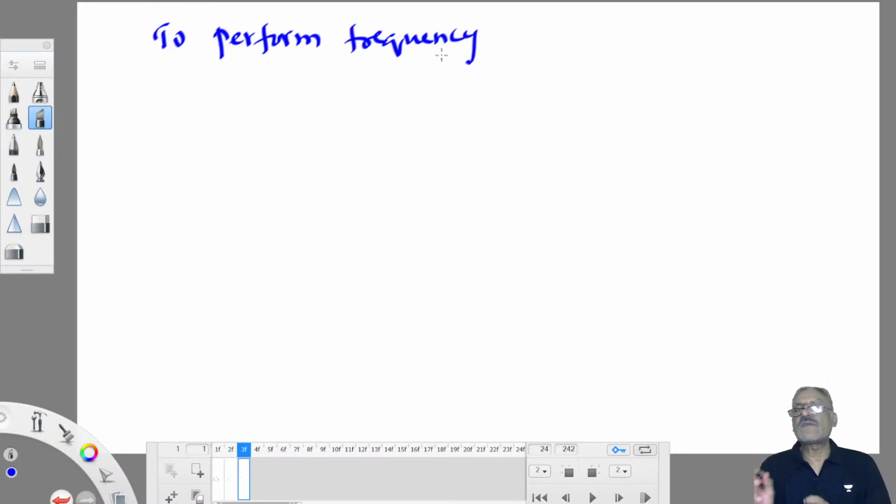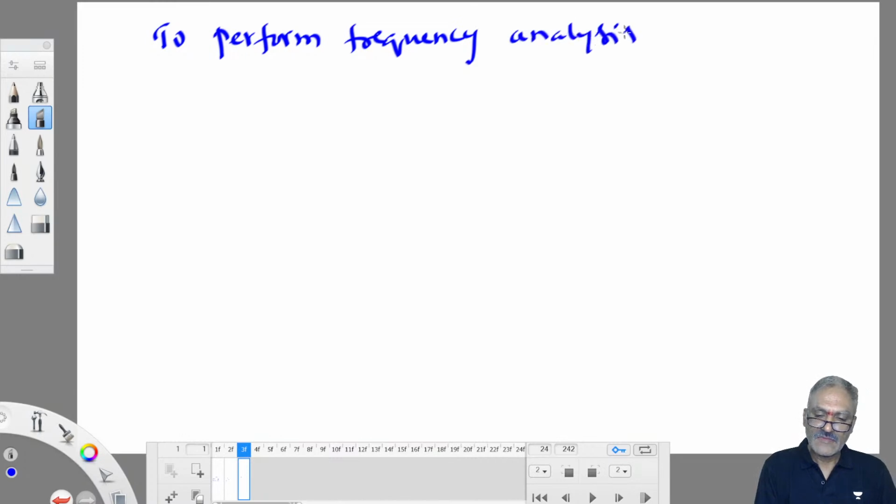Time is important because frequency has a time interval. If monthly rainfall data is given, you can work out frequency in terms of months. If yearly rainfall data is given, you work out frequency in terms of years. If daily rainfall data is given, you work out frequency in terms of days. So a time series of data is required to perform frequency analysis.